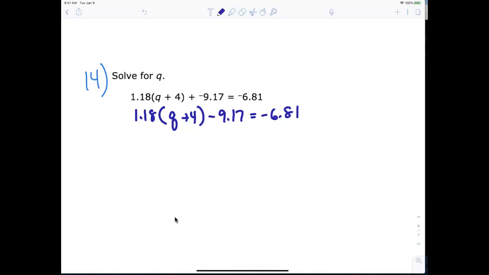I still want you to try to avoid using a calculator. So the first thing I want to do is distribute the 1.18. So 1.18q, now 1.18 times 4, that's an easy one.